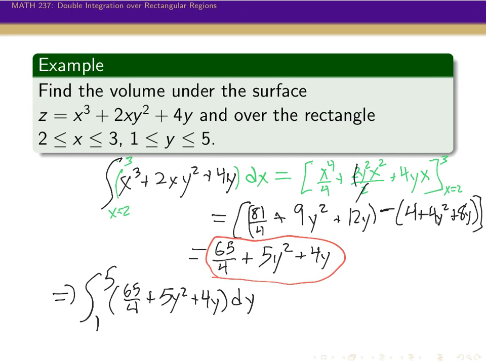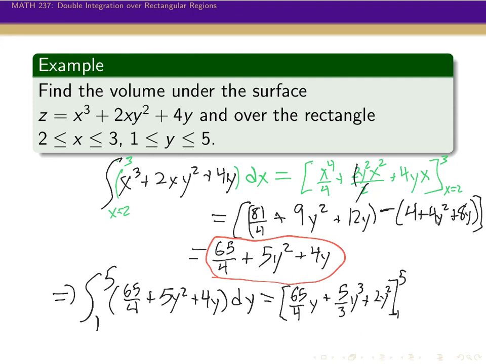This is just a regular Calc 1 integral. And so this is going to be 65 over 4 times y plus 5/3 y cubed plus 2y squared, going from 1 to 5.